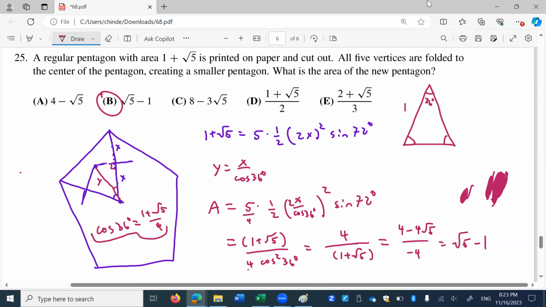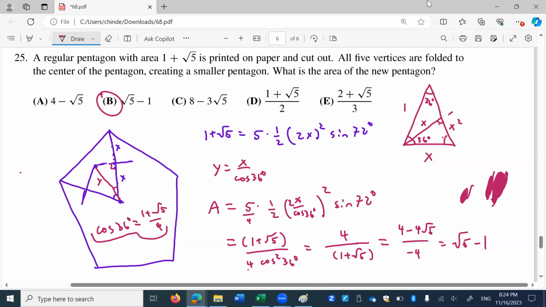And then if we call the original long side length 1 and the short one x, the idea is to bisect this angle. So now we have 36 here, and 36, 72. So we have another 72 degree angle there, and so we have similar triangles.